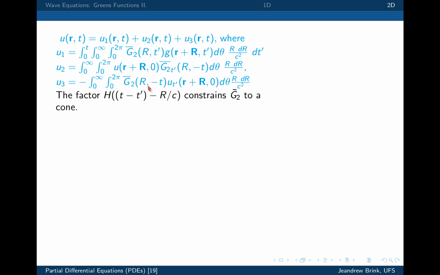Once again, this factor h that enters the Green's function constrains the g2 to the cone. So it's obvious how u3 and u1 get constrained to the cone. This guy we have to be more careful with.